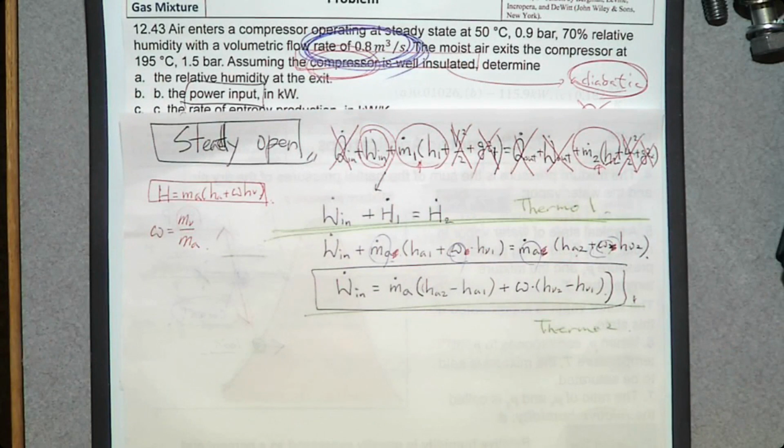What about h2, h1? This one is not just h, this is h of A. What is A? Dry air. So we want to determine the specific enthalpy change of air between the inlet and the exit. How do we get that? We can use the ideal gas air table to determine these two, as long as we know the temperatures.